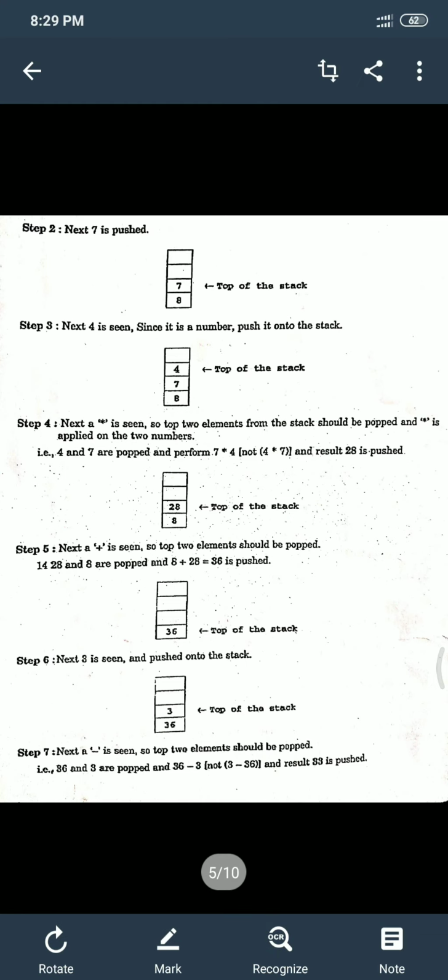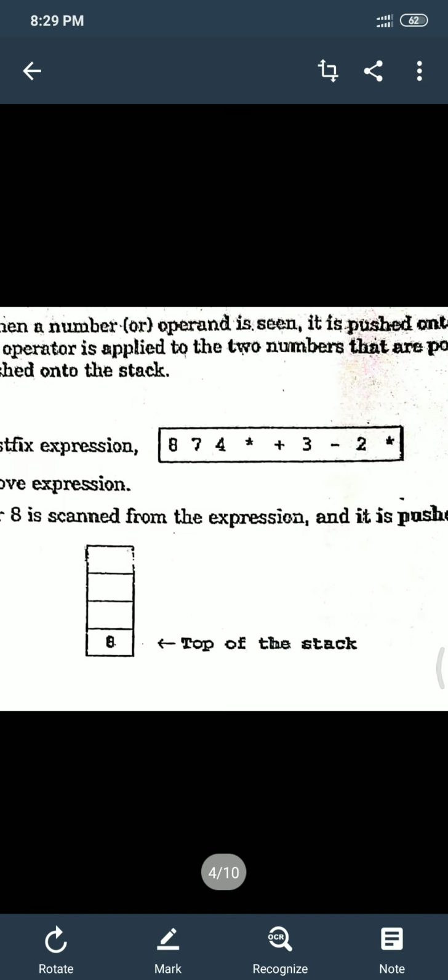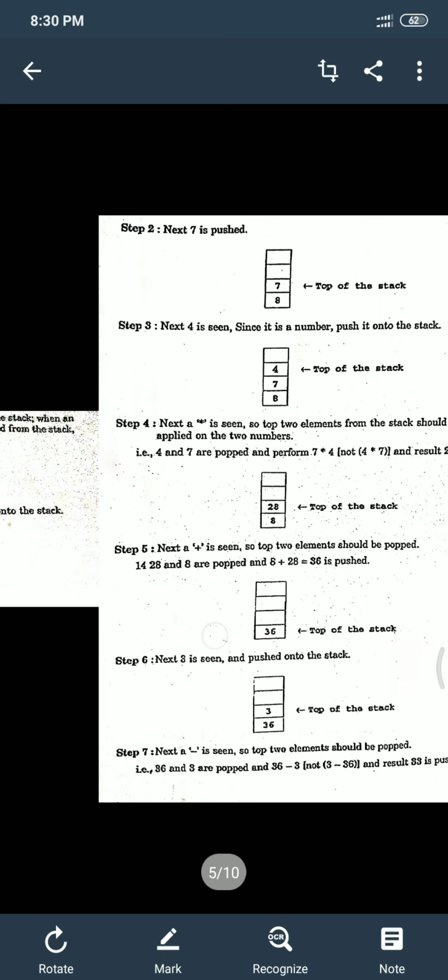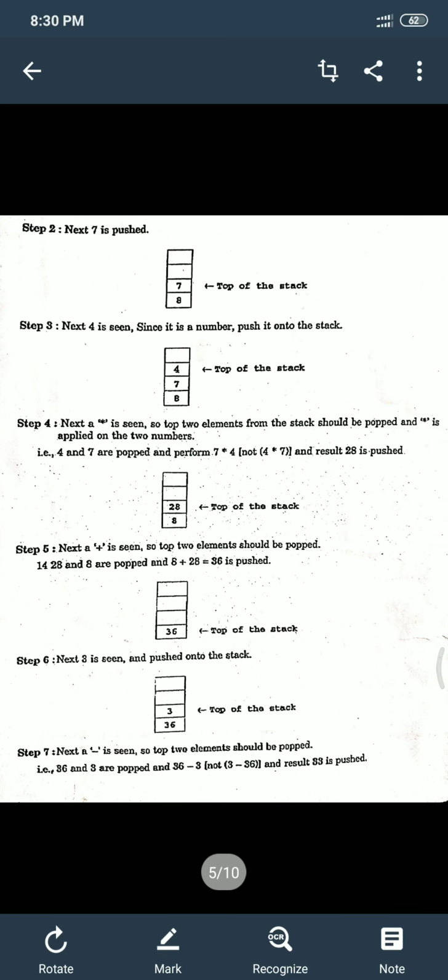Next, after 4, while scanning this expression, an operator is encountered. The next step says, when an operator is seen, the top two elements on the stack have to be popped, and whatever operator is encountered, that operation has to be carried out on those two numbers.